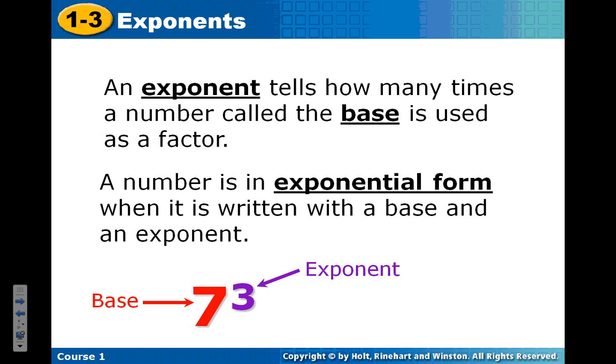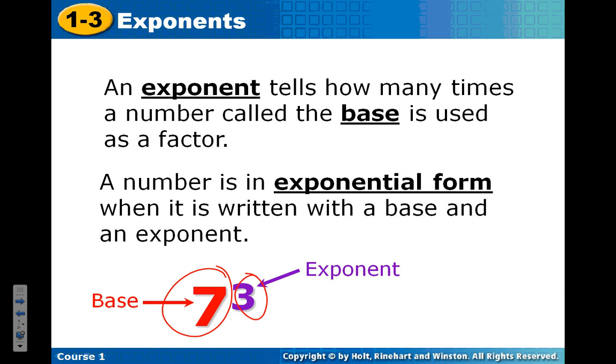Now that I've said not 100 times, well, not quite 100, now you will remember. Do not do that. What does it mean? It's 7 times 7 times 7. The base tells you what's being multiplied.